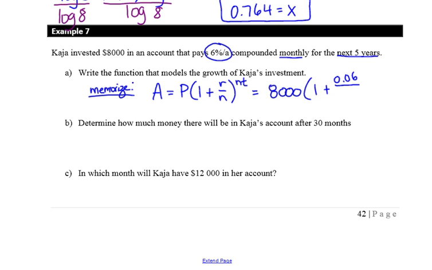Divided by, how many compounds a year do we have? 12, because it's monthly. To the power of the total number of compounds. How do we get that? 5 times 12. Total of 60.